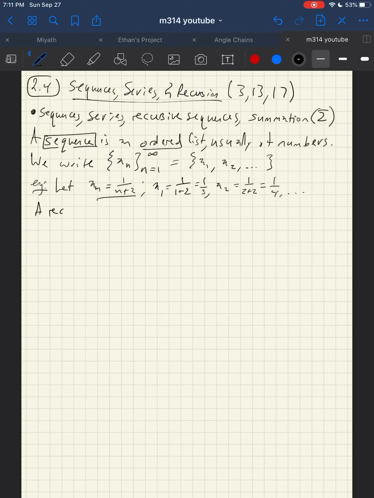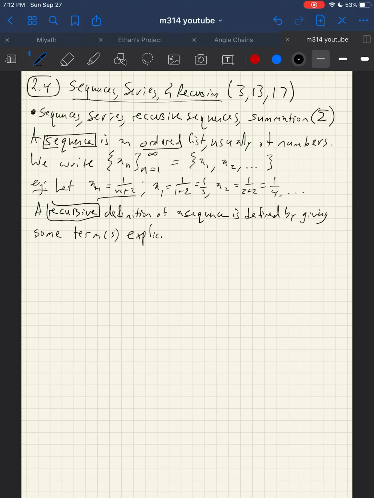A recursive definition of a sequence is defined by giving some term or terms explicitly, and defining the others using previously defined terms.